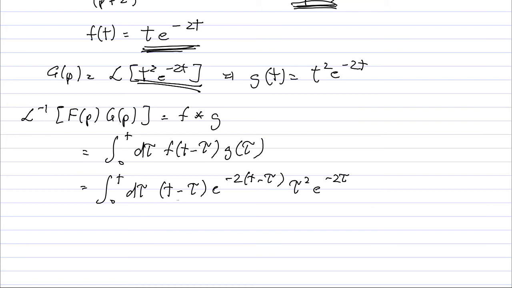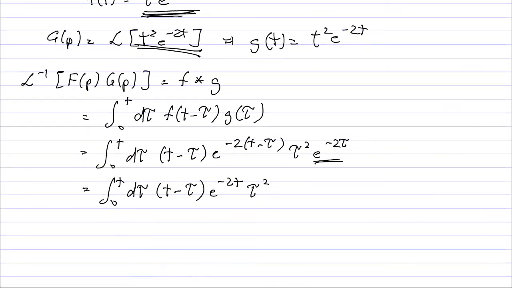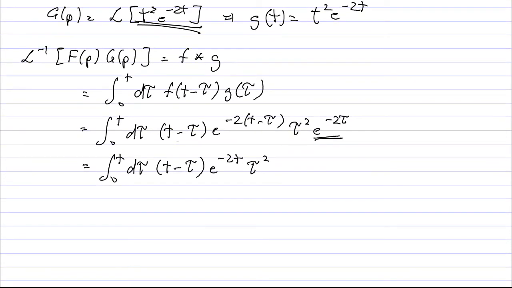Then you are going to have the integral from 0 to t, with (t minus tau), and in the power you get e raised to power minus 2t and then e raised to power plus 2 tau, but that e raised to power plus 2 tau is cancelled by the other factor, so you're left with this.